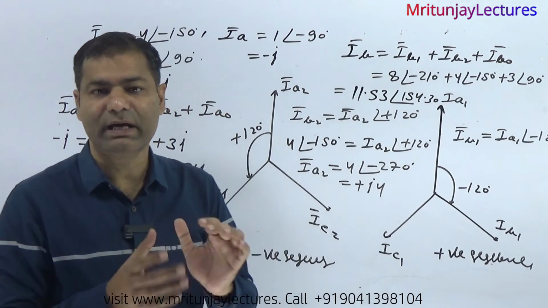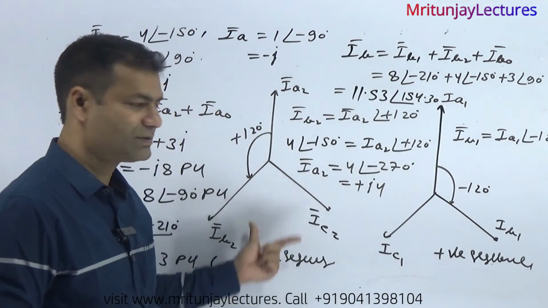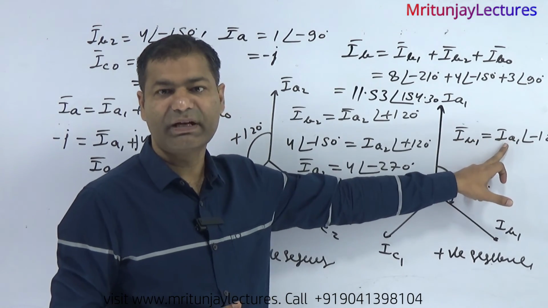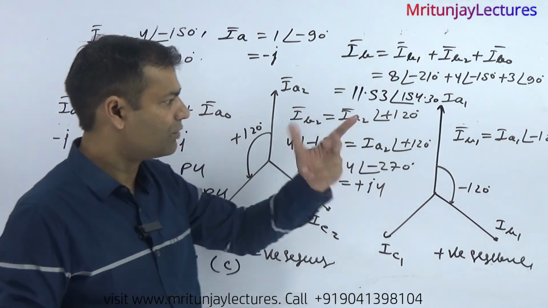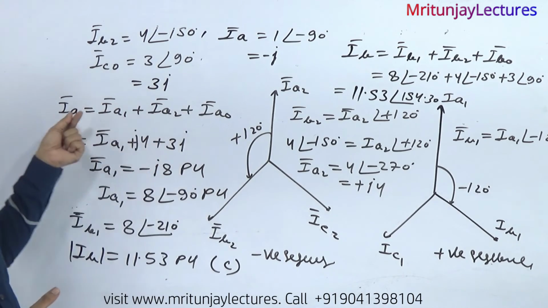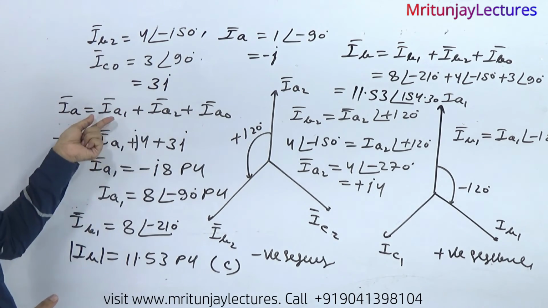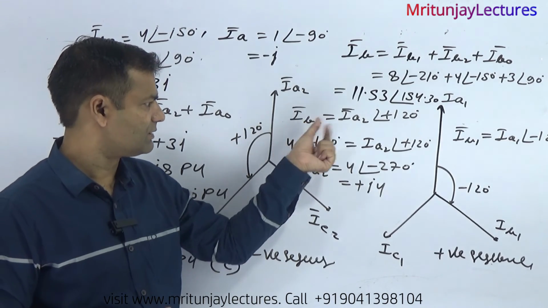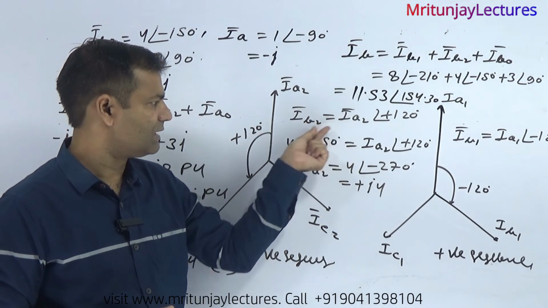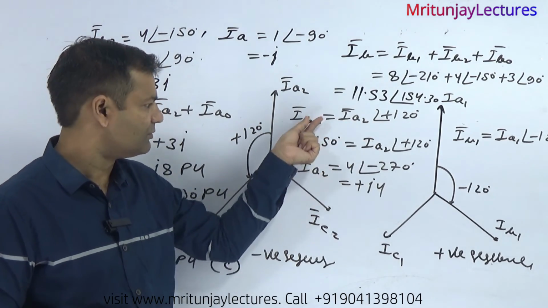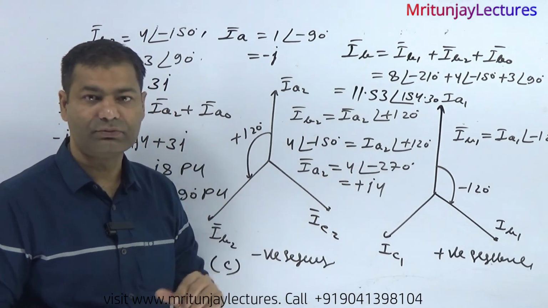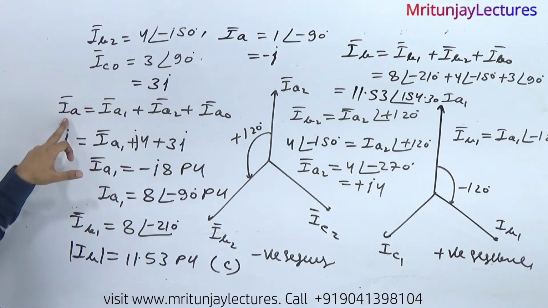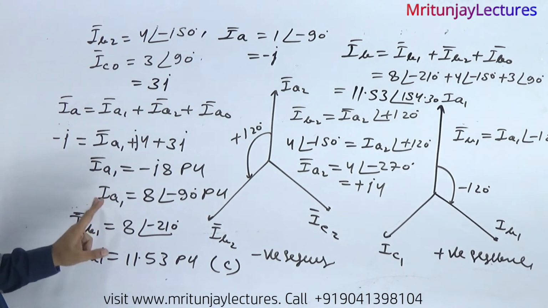So how can we determine IB1? I know the relation between IB1 and IA1 in positive sequence. If you determine IA1, then we get IB1. To determine IA1, IA is given like this, so determine IA2 using the relation between IA2 and IB2. Putting IA2, IA0 and IA here, we get IA1.